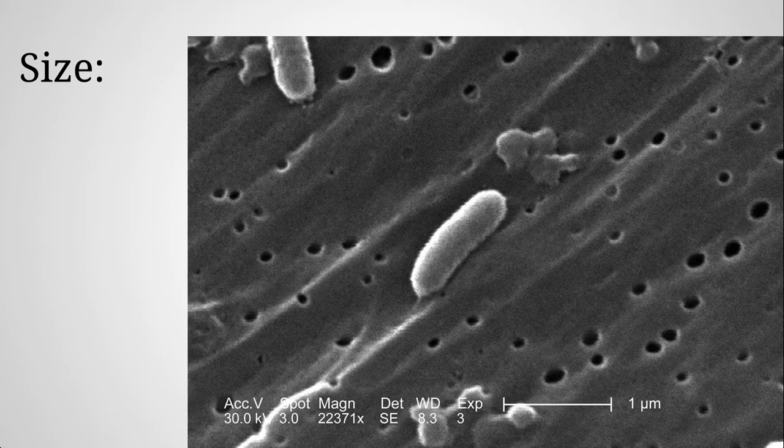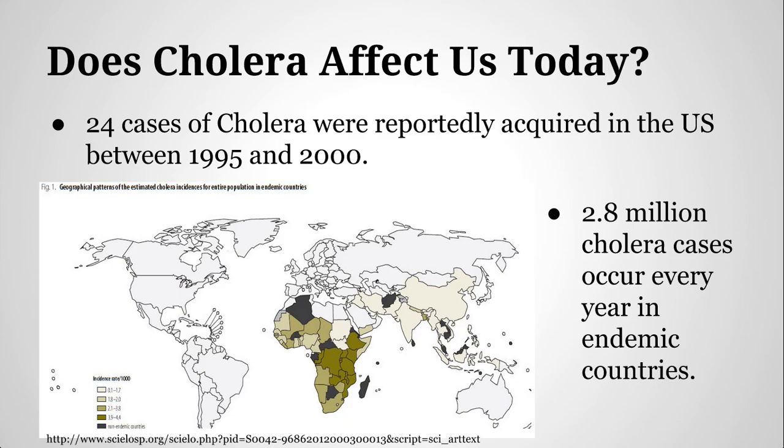So you can see here this microscopic photo gives you an idea of the size of the cell, which is generally between 1 and 3 micrometers in length, and between 0.5 and 0.8 micrometers in diameter. So according to Sajeev Handa, who is the director of the Department of Medicine at Rhode Island Hospital, 24 cases of cholera were contracted in the U.S. between 1995 and 2000.